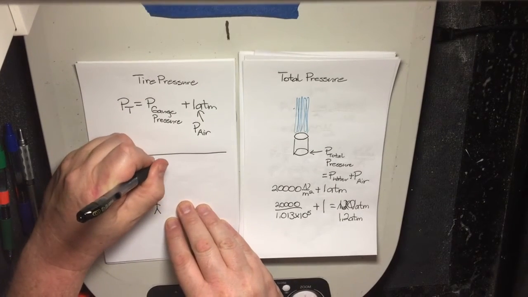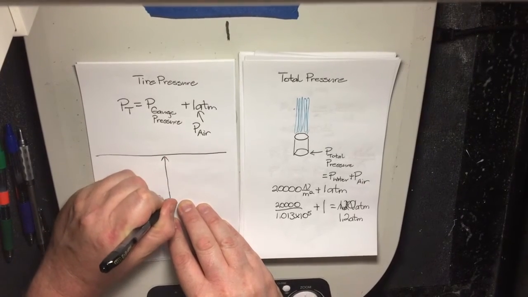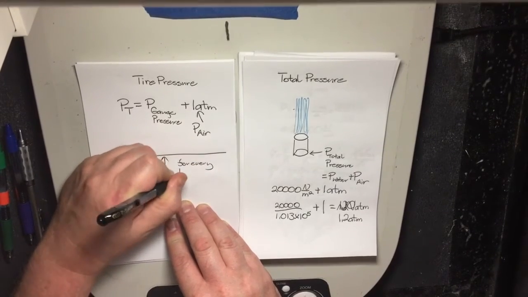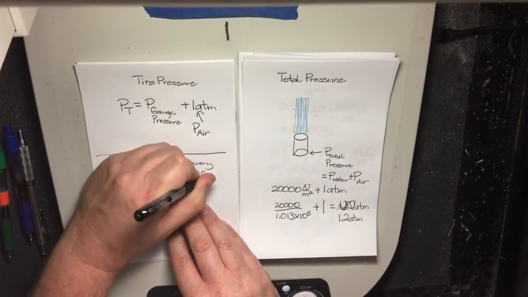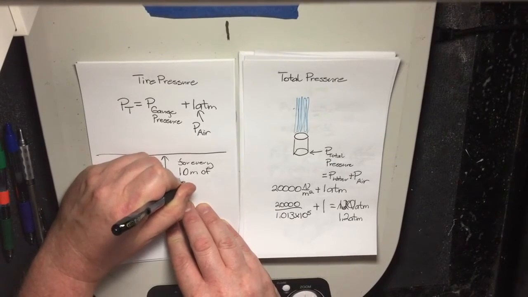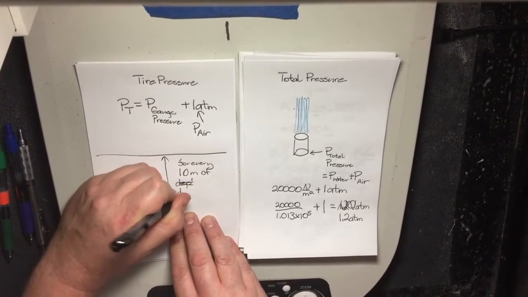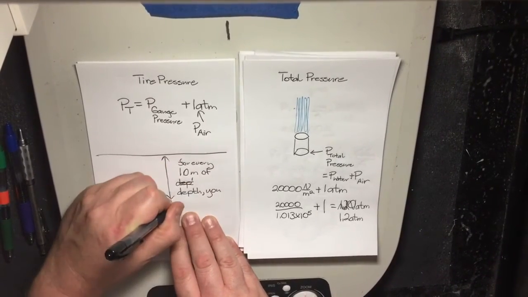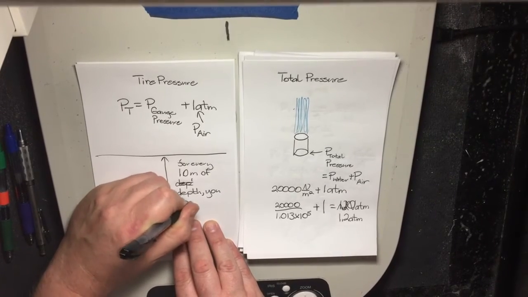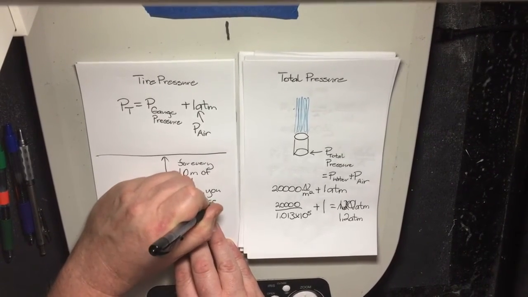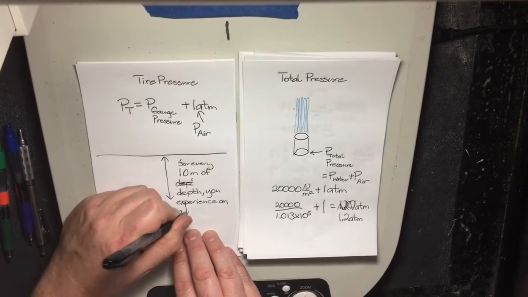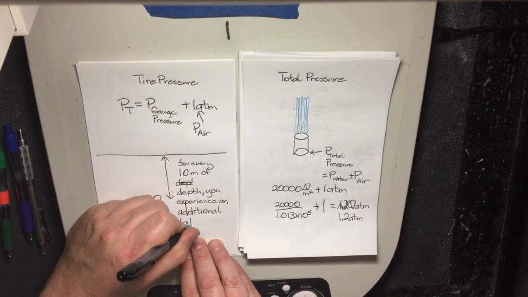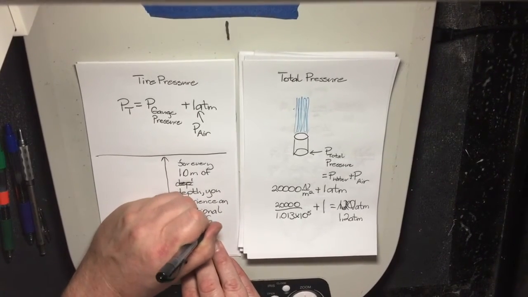One of the things is, the rule of thumb is for every 10 meters of depth, you experience an additional 1 atmosphere of pressure.